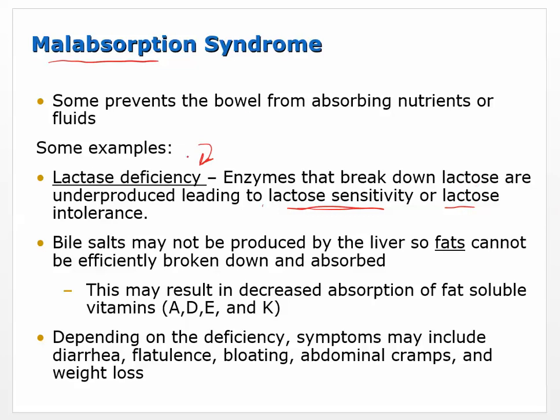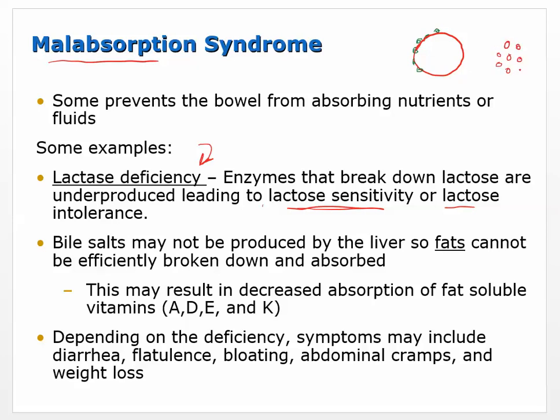There's also something called bile salts. So bile salts are emulsifiers. So normally, we usually have a fatty meal, and fat will tend to form these big globules. Well, we make bile salts, and these bile salts will pick apart that big blob and turn it into a bunch of little droplets.